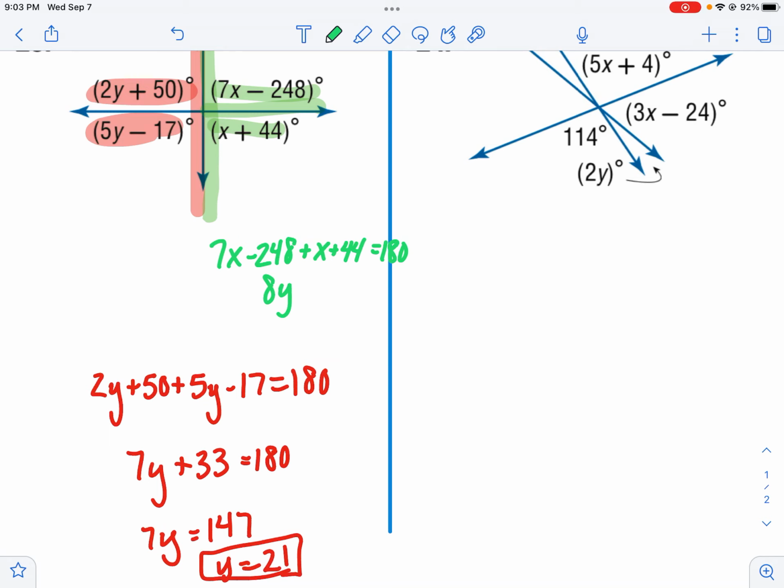Or in green, for the x's, 8x, that's negative 204. So if I add 204, I should get 384. 384 divided by 8 is 48.